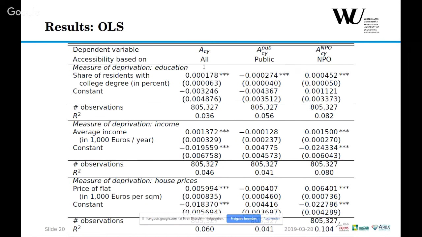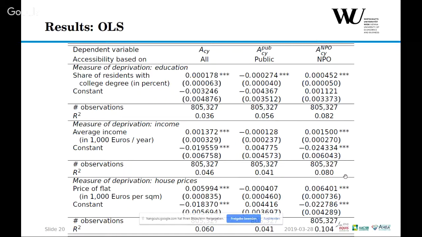So we find higher accessibility in neighborhoods where residents have a higher socioeconomic status, and it does not matter which indicator we use to measure socioeconomic differences. And when we disaggregate the results, we see that they are clearly driven by the nonprofit sector only, which can be seen in the third column.